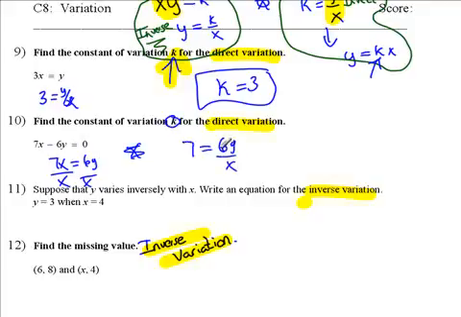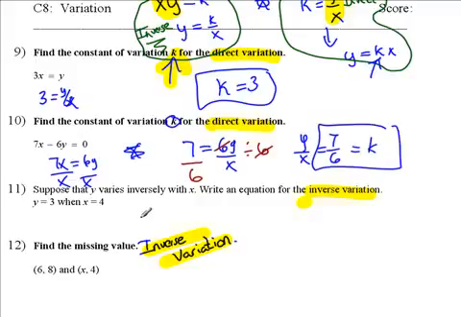How can I get rid of the 6? Just divide by it. 6 divided by 6 is what? 1, right? Divide that by 6. So I just got y over x is equal to 7 over 6. That's also my k value. Y over x equals k. So it's 7/6.